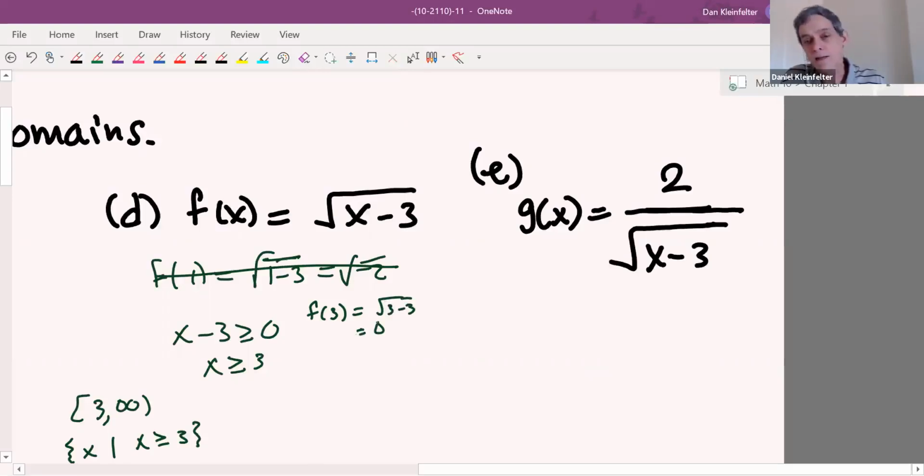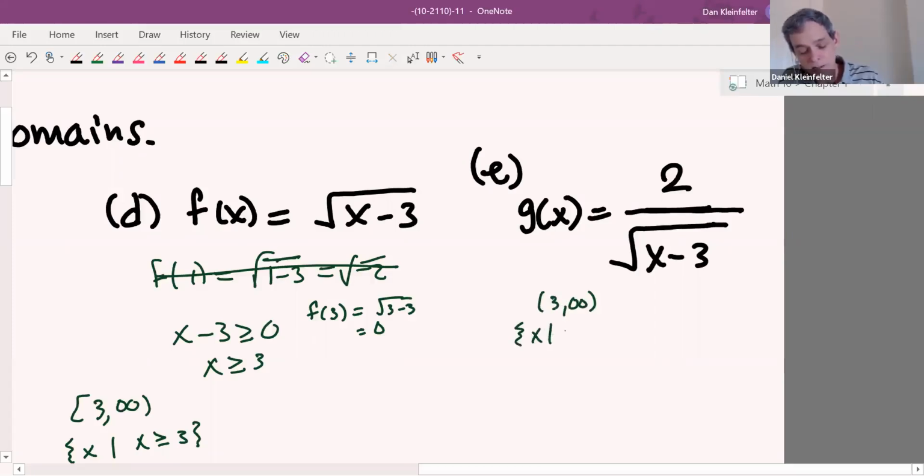It's 0, right? The square root of 0 is 0. But here, if we were to attempt to do g of 3, we would have 2 divided by 0, which again is forbidden, right? So that means that the 3 itself would need to be excluded. So we would just have the open interval, 3 to infinity, in interval notation.